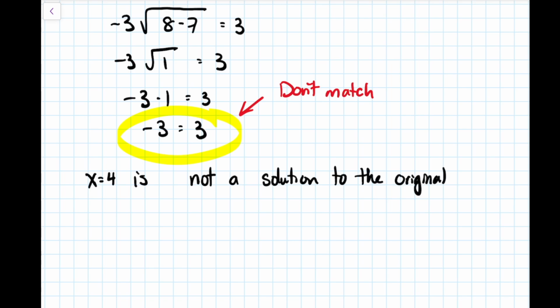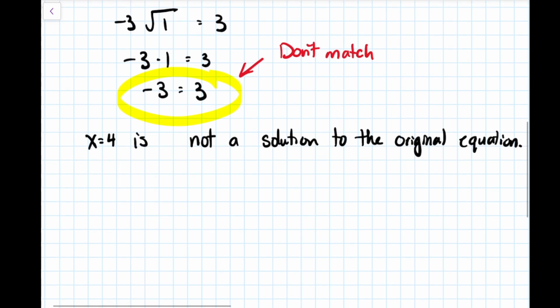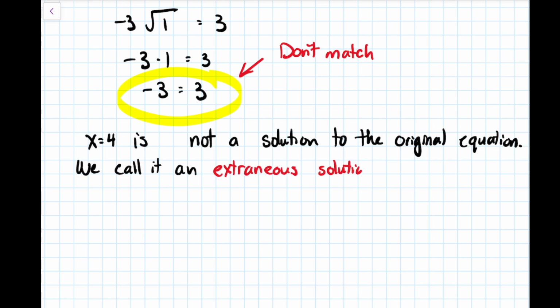It's a fake solution, and it has a name. So we call these kind of solutions extraneous. So it is an extraneous solution or extraneous root. Either one of those is pretty common.